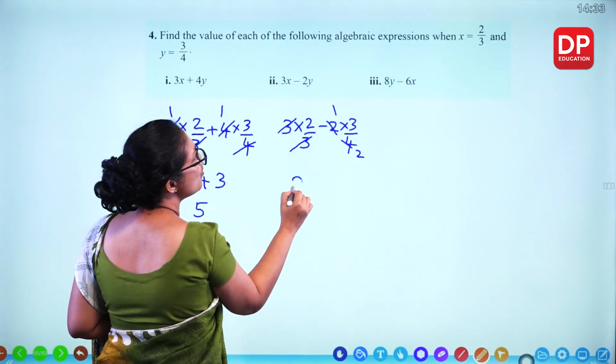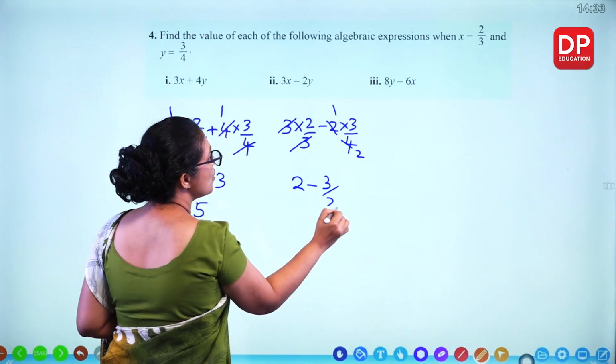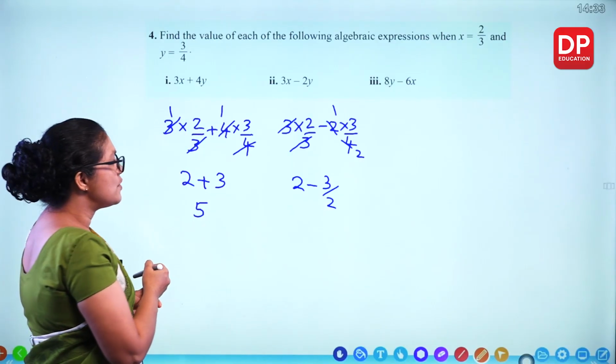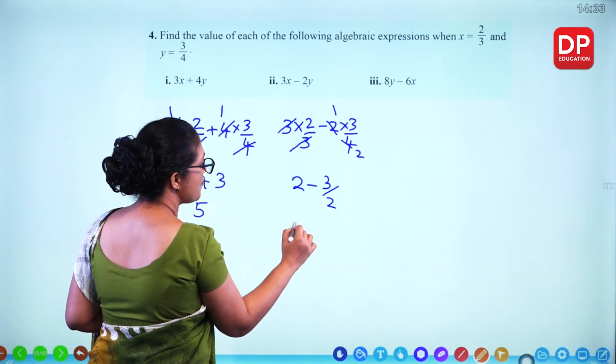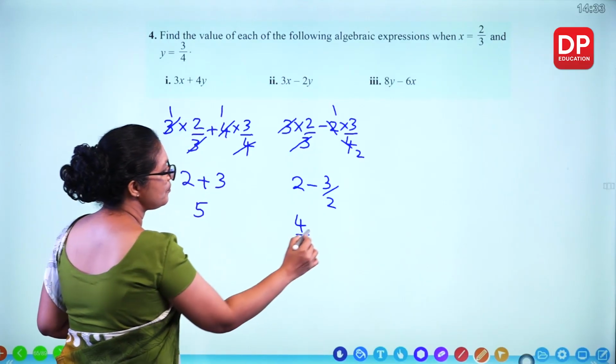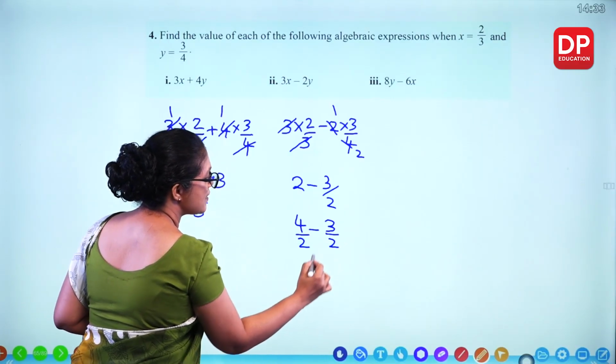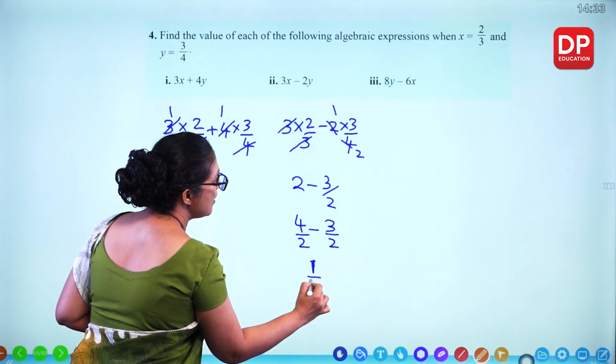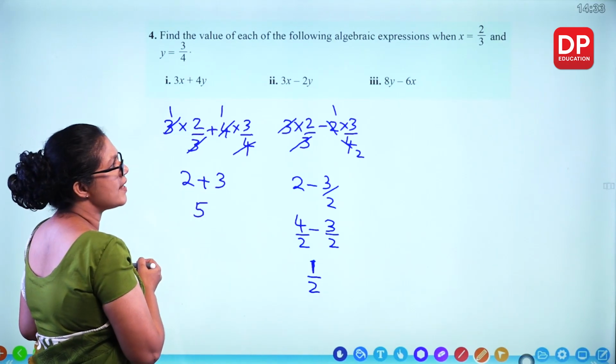So you get 2 minus 3 over 2. Convert to the same denominator, you can write this one as 4 over 2. 4 minus 3, 1, and you get half as the answer.